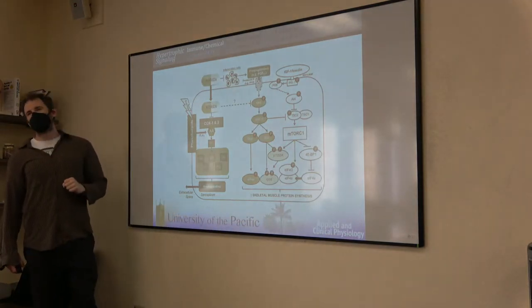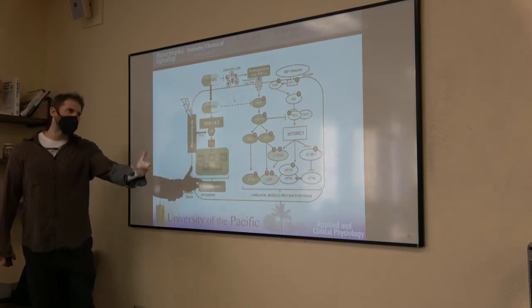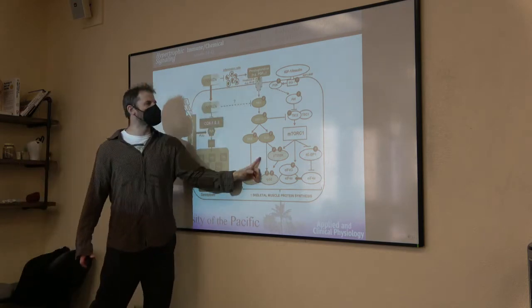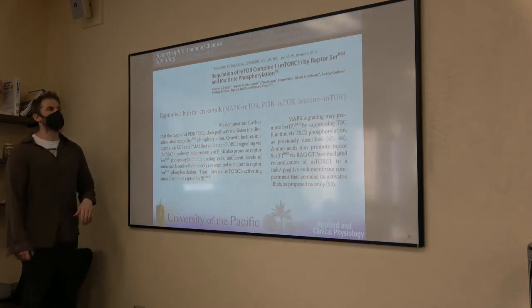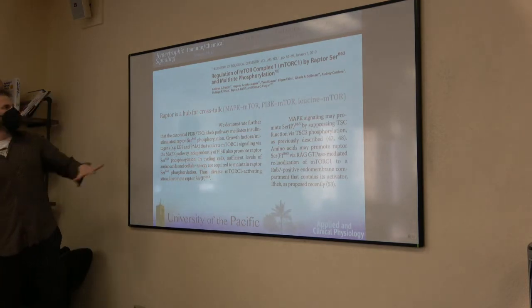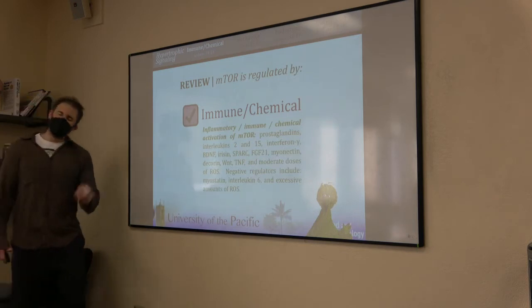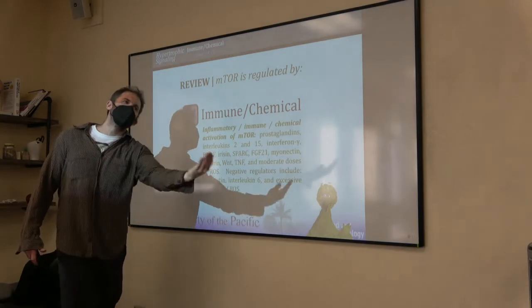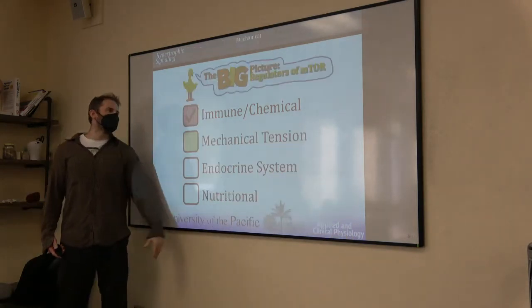Non-steroidal anti-inflammatories, NSAIDs, are going to block COX, cyclooxygenase, which converts arachidonic acid to prostaglandins. Prostaglandins, there's MAPK signaling. Prostaglandins will also depolarize nociceptors, so they're not comfortable. And remember, Raptor, a huge hub for the function of mTOR is Raptor, recruiting those downstream targets so that mTOR can enact its phosphorylation. So that's the immune chemical stuff.